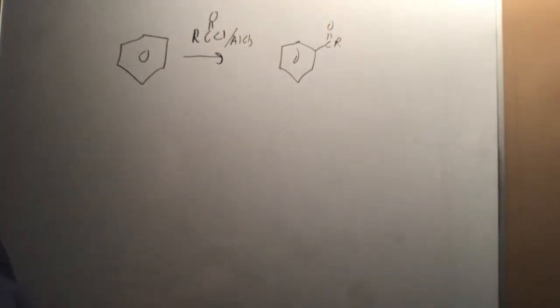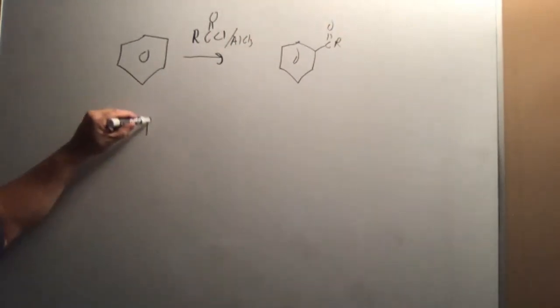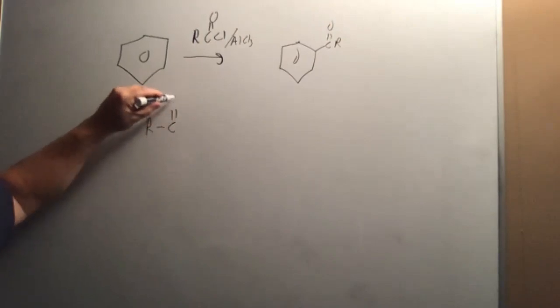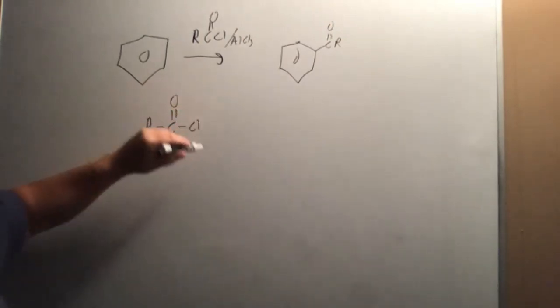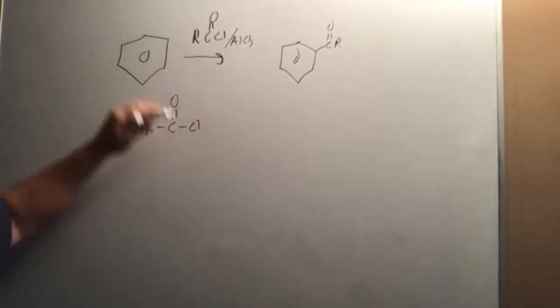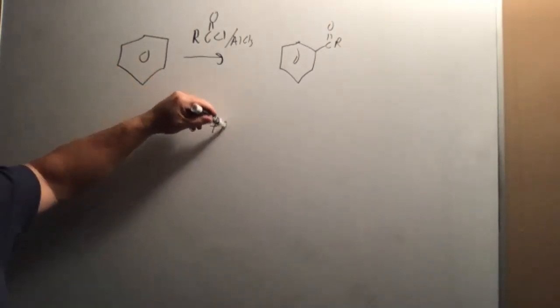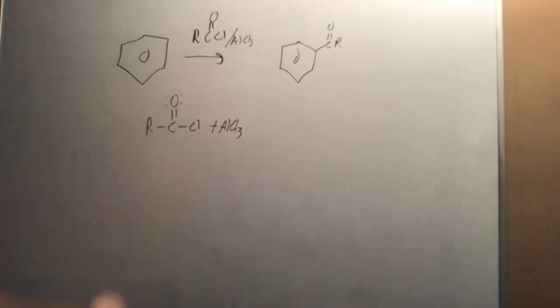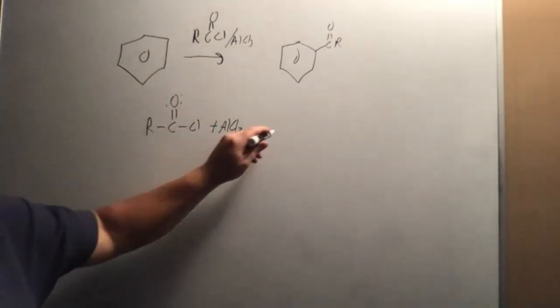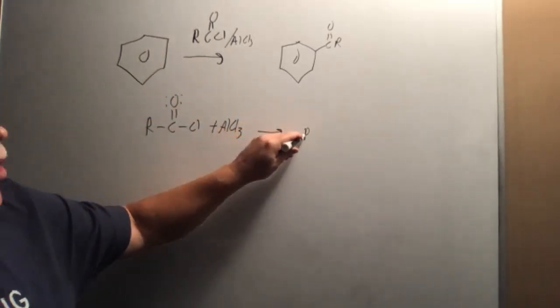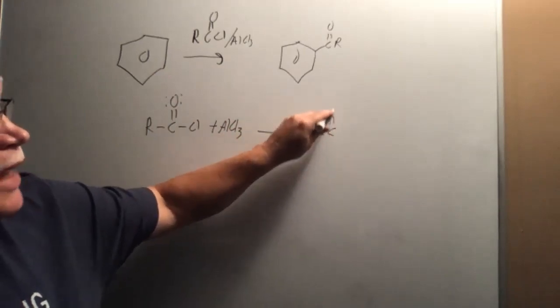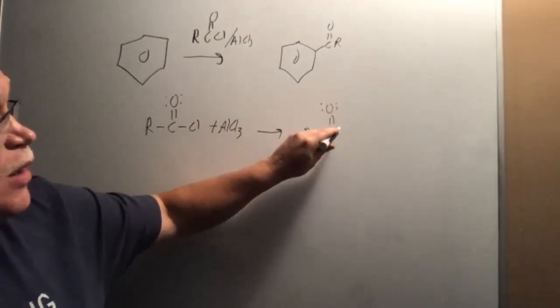Now let's look at this for just a second. This acid chloride, let me put my lone pairs on here, reacts with aluminum chloride. We get the same type of carbocation, and I'm going to draw it like this, even though I know that it's going to be wrong.